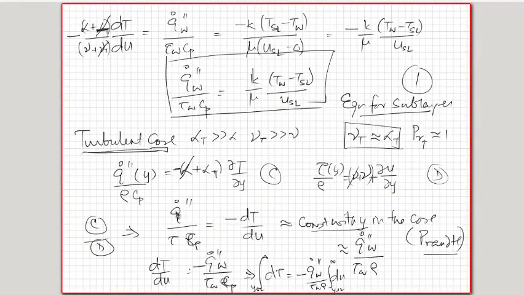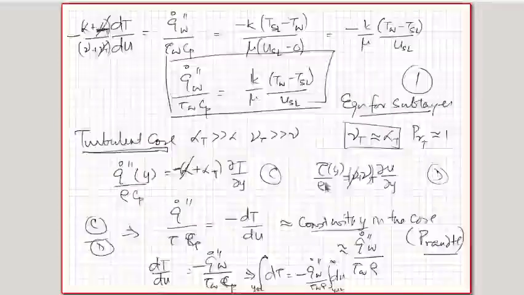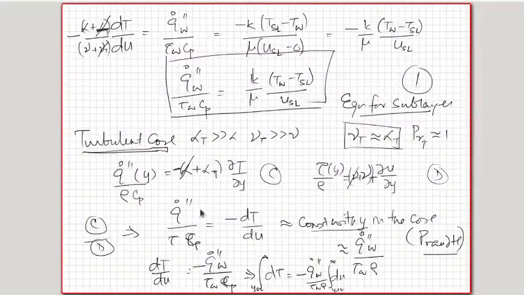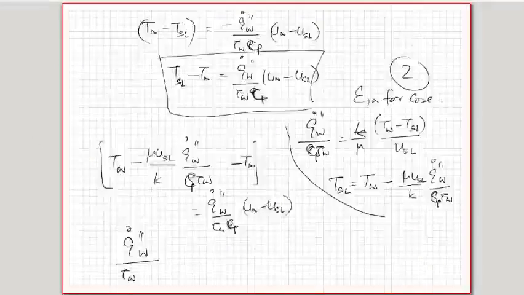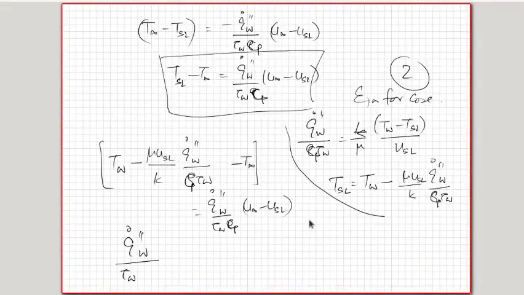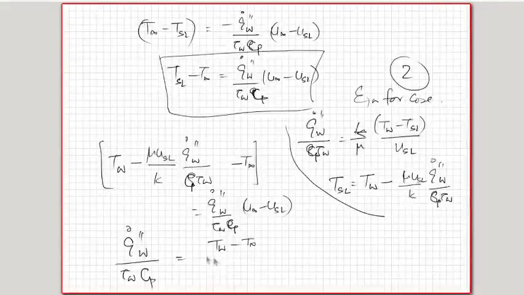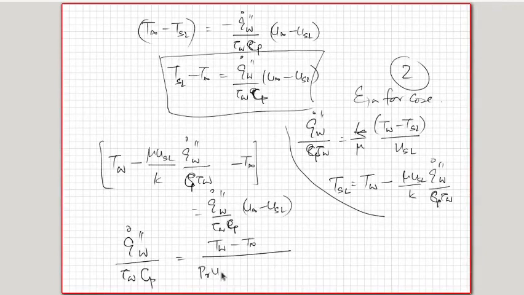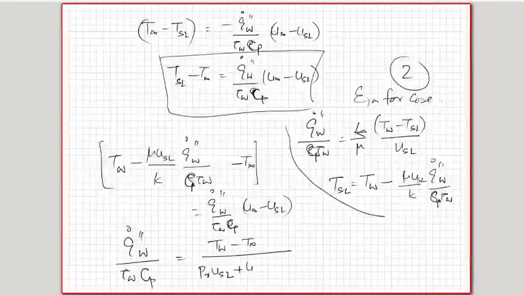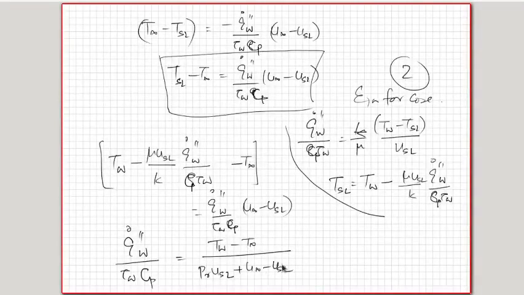This will be CP. Tau wall CP actually comes equal to T wall minus T infinity divided by PR USL plus U infinity minus USL.